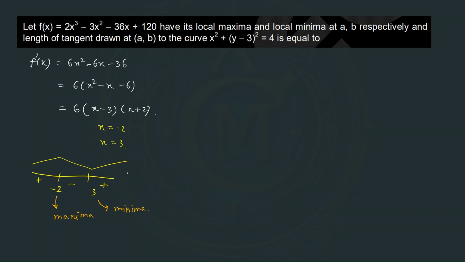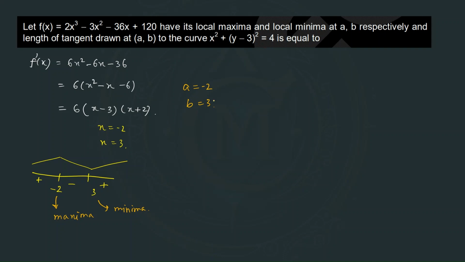That means local maxima is at x equal to a, so a equal to minus 2 and b equal to 3. Now we are asked to find the length of tangent drawn at this point (a, b), so (minus 2, 3), to the curve. Now this is a circle, we know, centered at (0, 3) with radius 2.